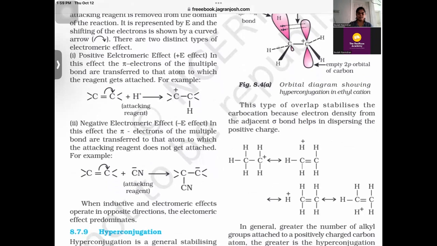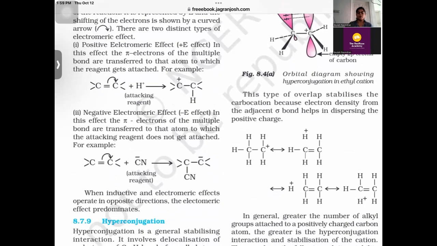Here also there is positive and negative. In this effect, the multiple bond electrons are transferred to that particular atom to which the reagent gets attached. That means the pi electrons completely share the pair in lateral connections, that is, perpendicular or lateral to the plane. In lateral connection, there are shared pi electrons.